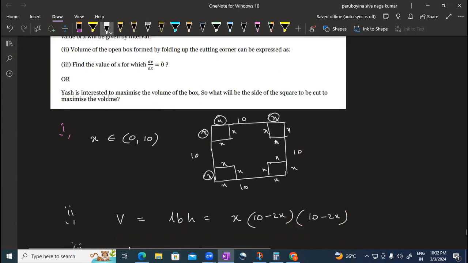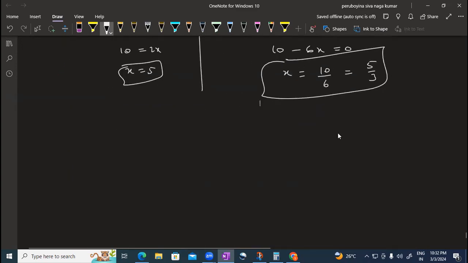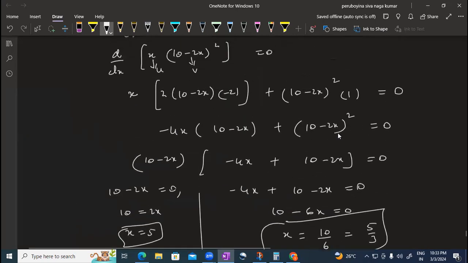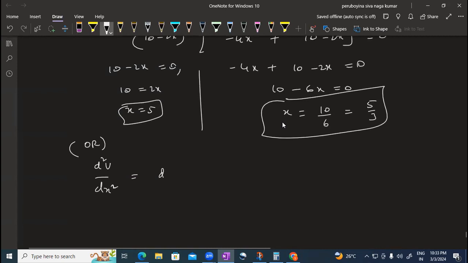So our question is to maximize the volume, the side square cut down, for maximum value. For maximum value, the second derivative should be negative, so calculate it. Find out d²V/dx². Take the first derivative we have performed already. So d/dx of (10 minus 2x) into (10 minus 6x).